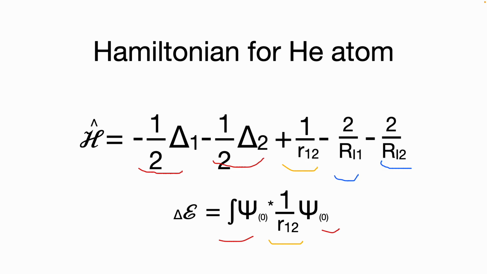Now let's say we want to find the correction to the energy for the ground state, that is the state in which both of the electrons in the helium atom are in the 1s orbital.